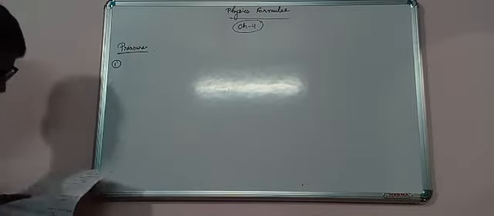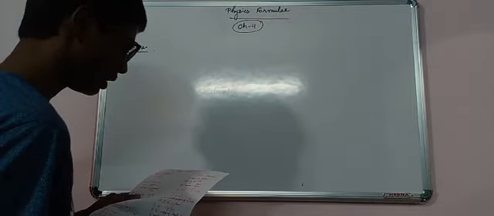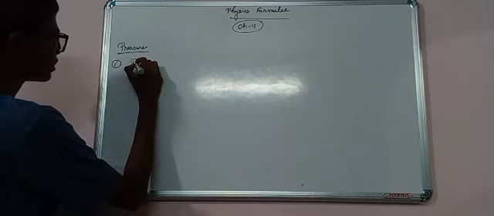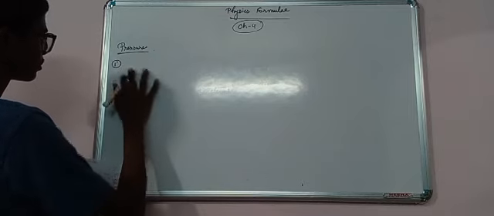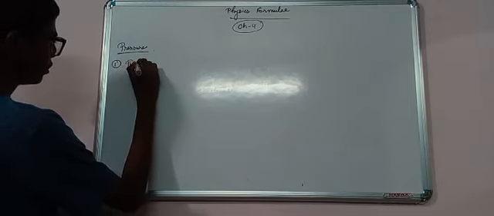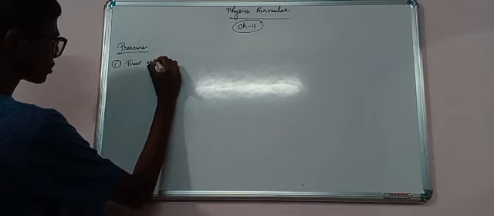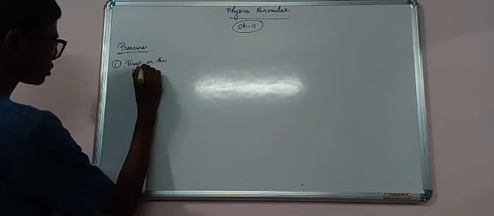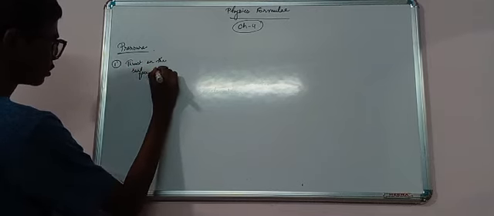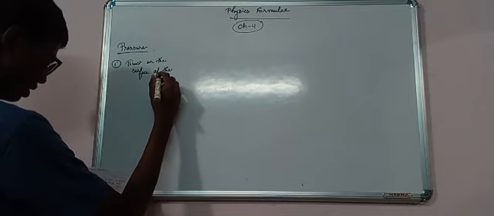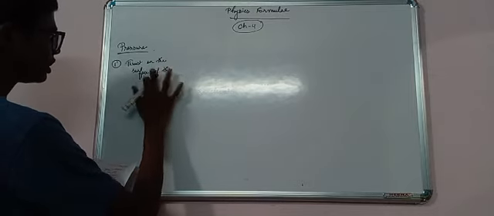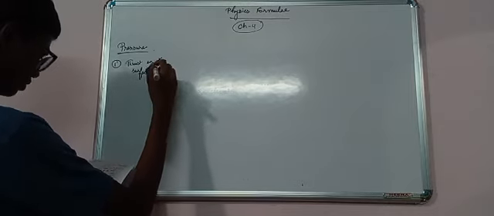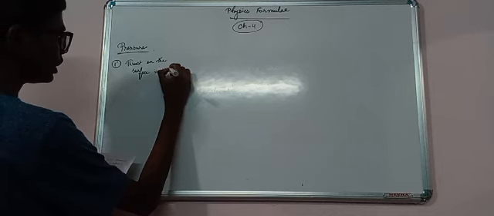First formula in pressure is: the thrust on a surface equals the weight of the body.